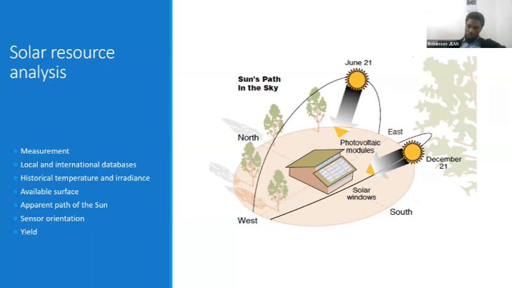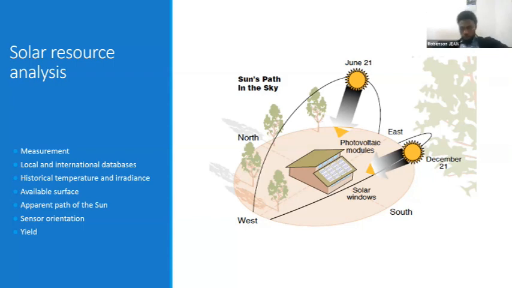So we should put the module at an inclination angle equal to the latitude of the place. If the latitude is 20 degrees, we should incline our module at 20 degrees. If it is 40 degrees, we should incline it at 40 degrees.